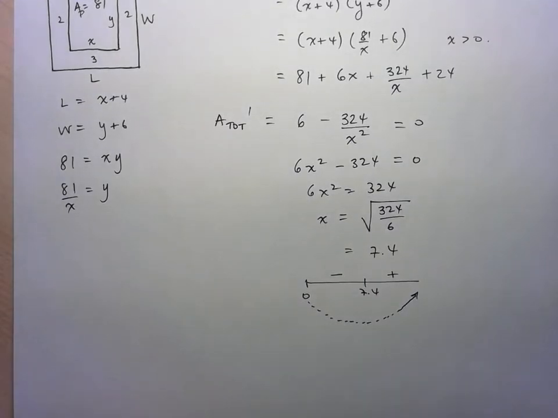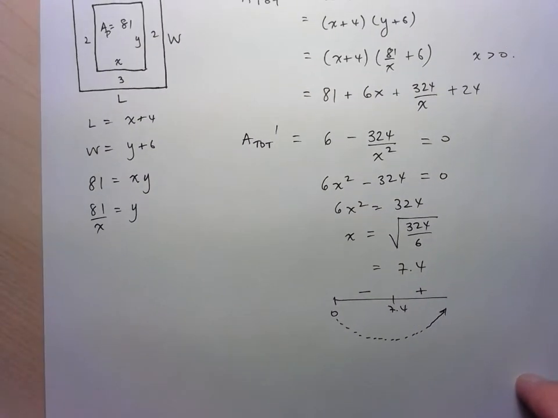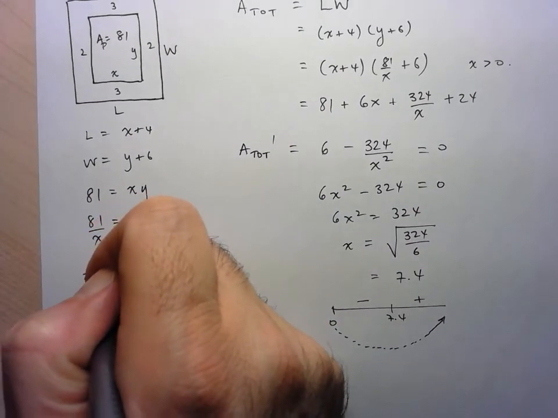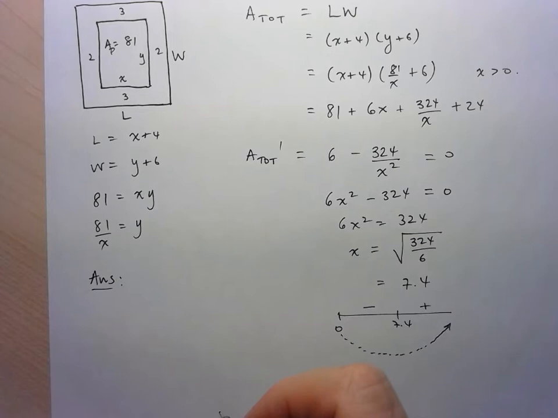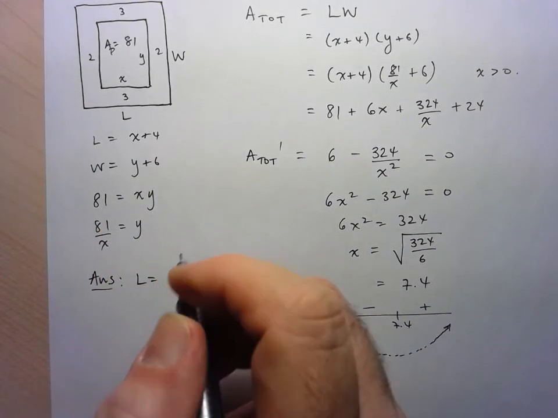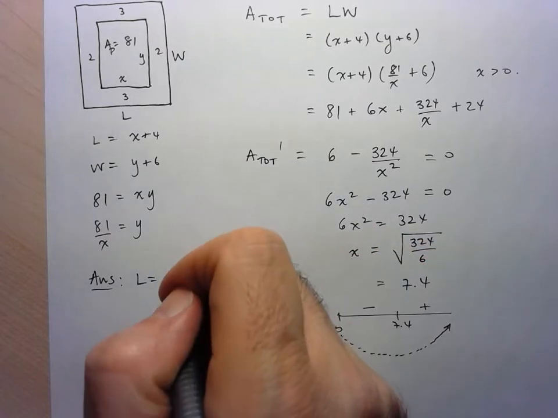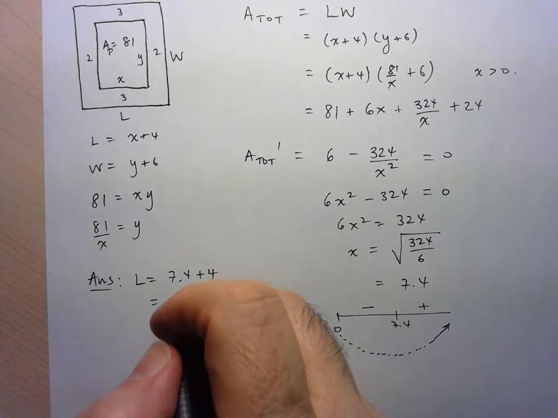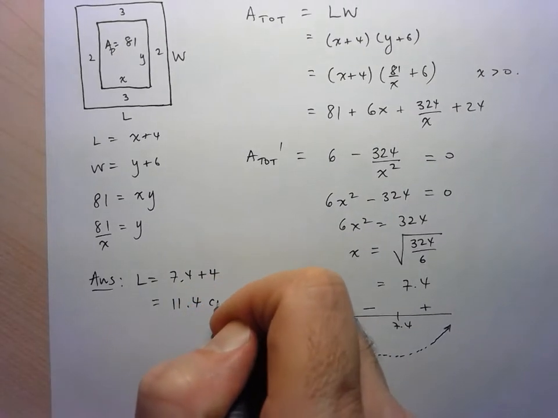Okay, so now that I have my values, let's go back to the question. It says, what page dimensions will minimize the amount of paper? Okay, so I need the page dimensions, so I need L and W. So when I go for my answer, I have to make sure I'm finding the right thing. Okay, so here we have L is equal to x plus 4, so 7.4 plus 4, so that's 11.4 centimeters.